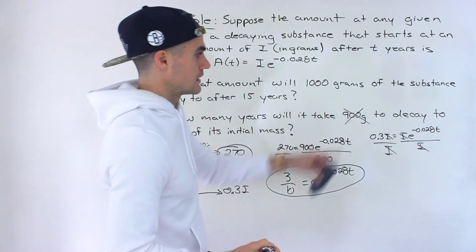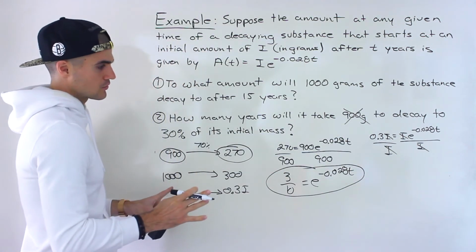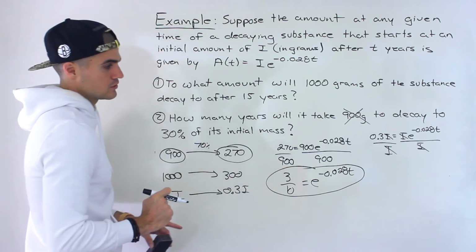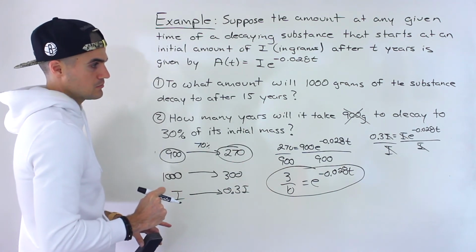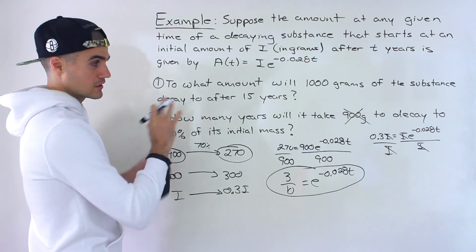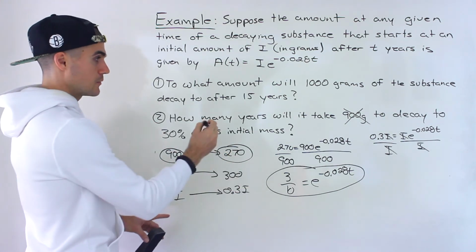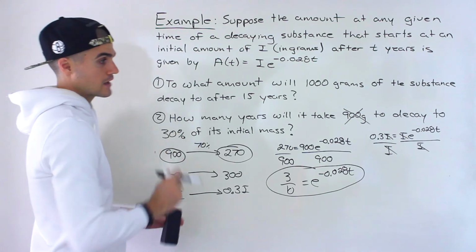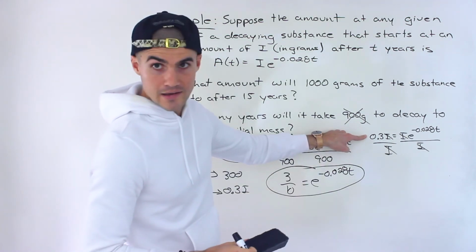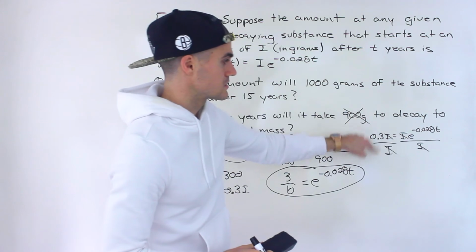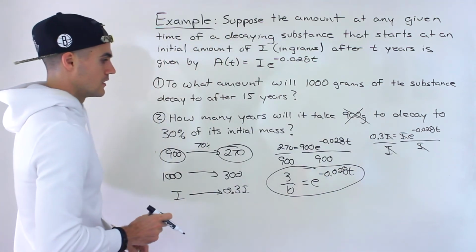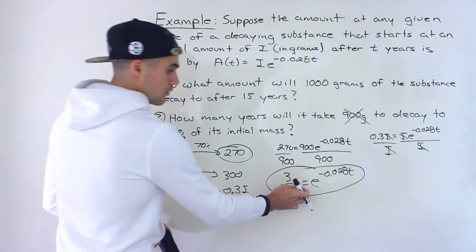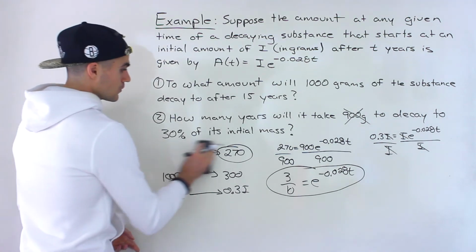Right? That's why I was saying the 900 grams is actually irrelevant, even though we can use it in the specific question. But again, if this was maybe a little bit more general, how many years will it take to decay to 30% of its initial mass? You can generalize it like this, and then the I's would just cancel out. Right? So whichever way you do it, this is the equation here we have to solve.